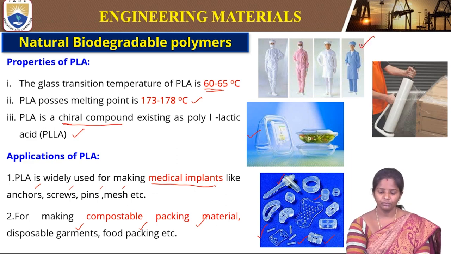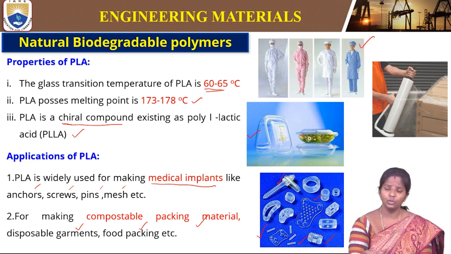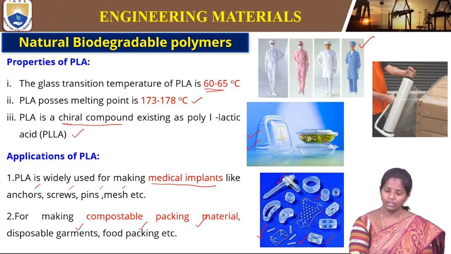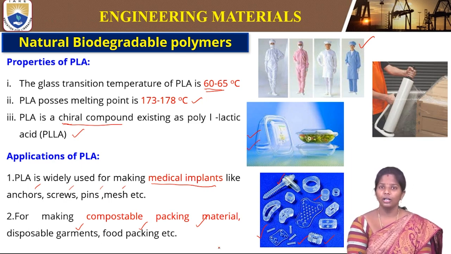Disposable garments can be used once, then thrown away, and they degrade easily. These are made from polylactic acid. This is the container used in food packing, and also the roll sheets used in packing materials and during transportation. So these are good examples for polylactic acid.